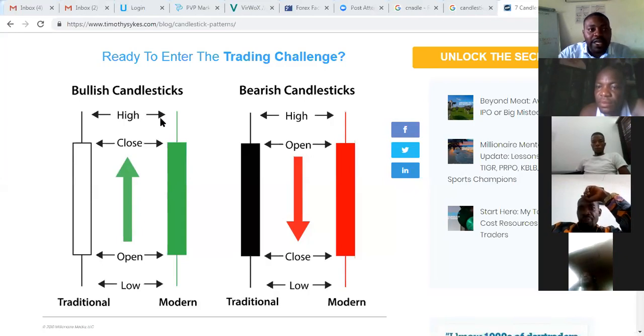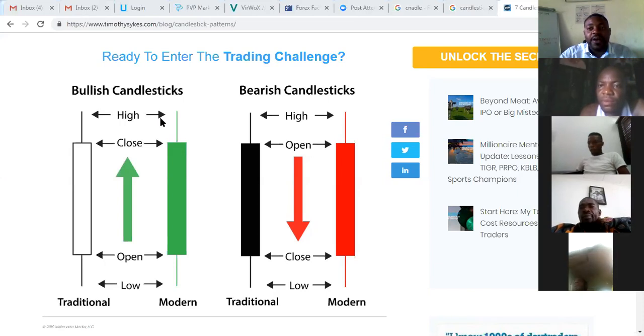So if we are doing a 4 hours candlestick, it means that the open price is the first second of the first hour, and the close price is the 60th second of the 4th hour. Okay, in a 4 hours candlestick, there are how many minutes? There are 240 minutes.